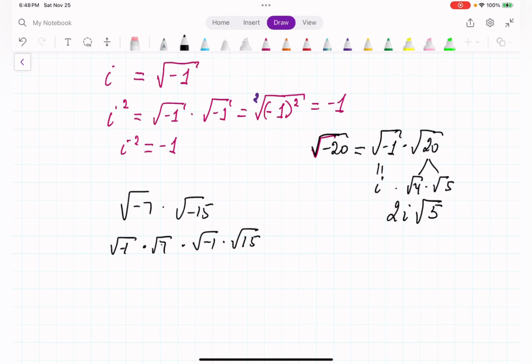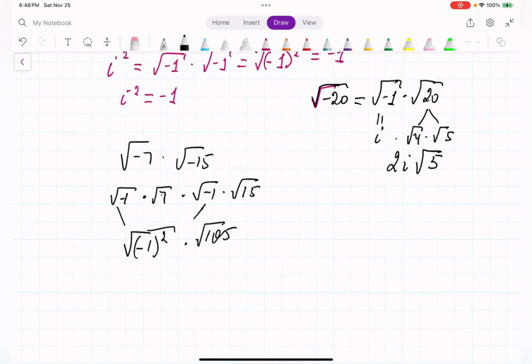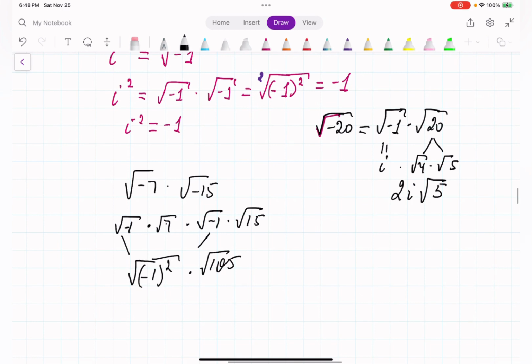So negative 1, it's going to be square root of negative 1 squared, right? So square root 7 times 15, it's going to be square root 105. So square root of negative 1 squared, it's going to come out negative 1, correct?